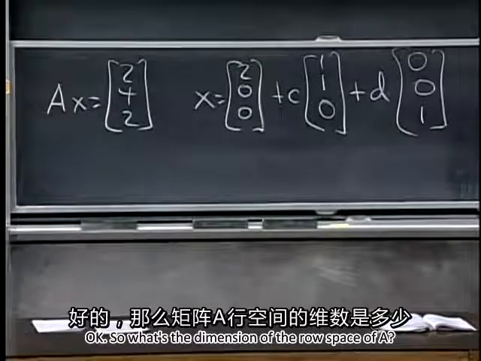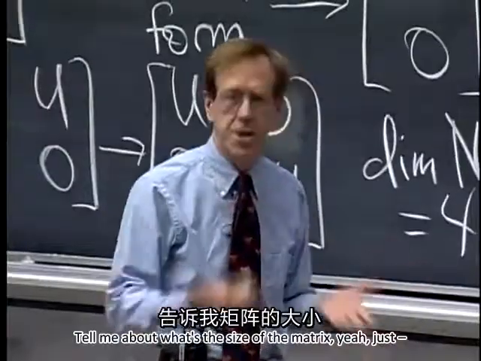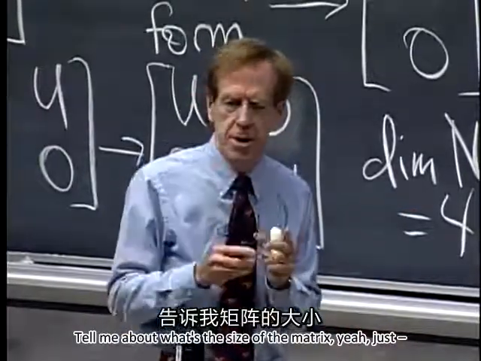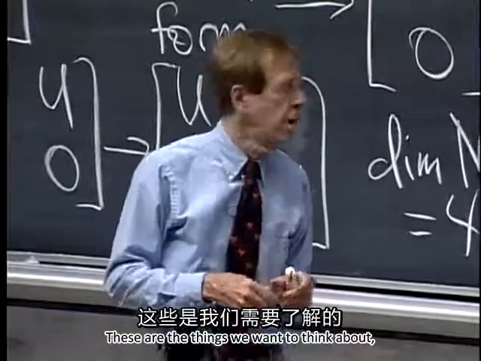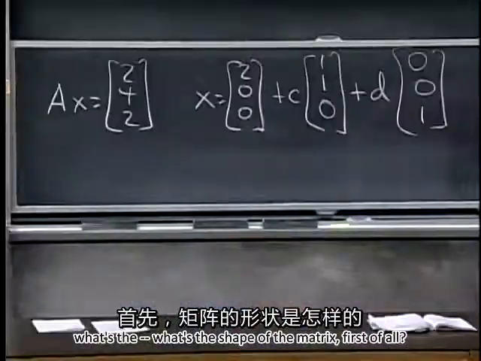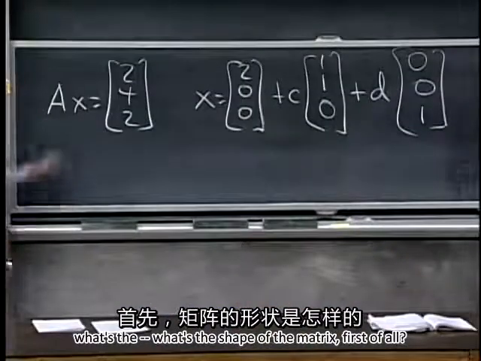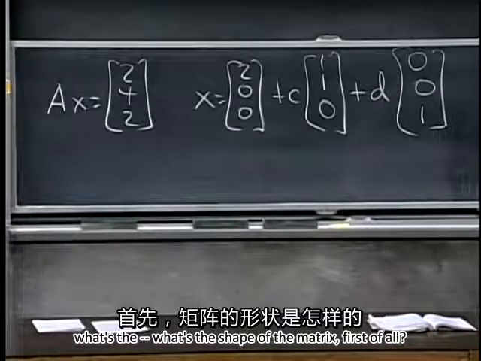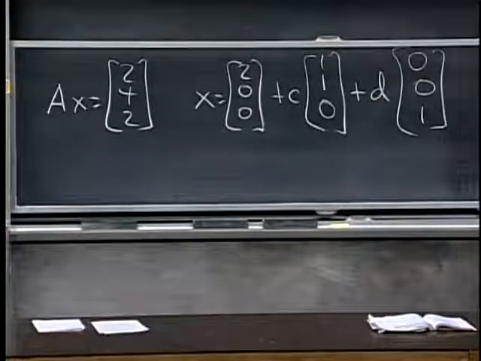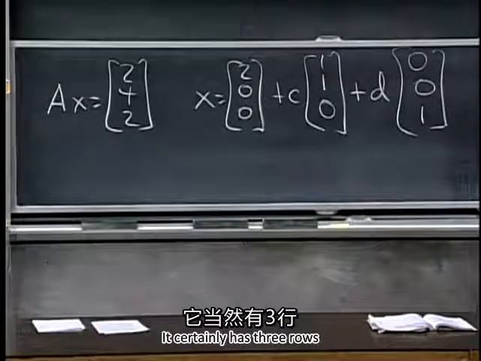Okay. So what's the dimension of the row space of A? What's the rank? Tell me about the size of the matrix. Yeah, these are the things we want to think about. What's the shape of the matrix, first of all? It certainly has 3 rows.